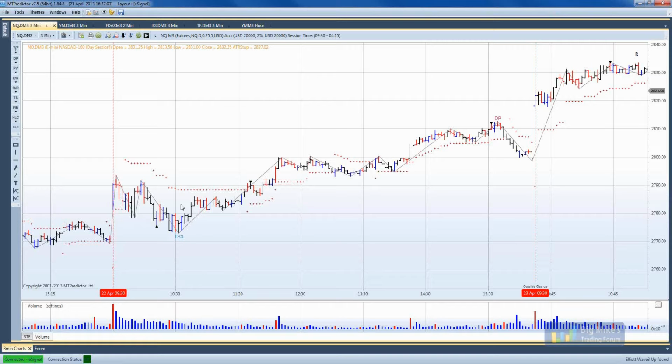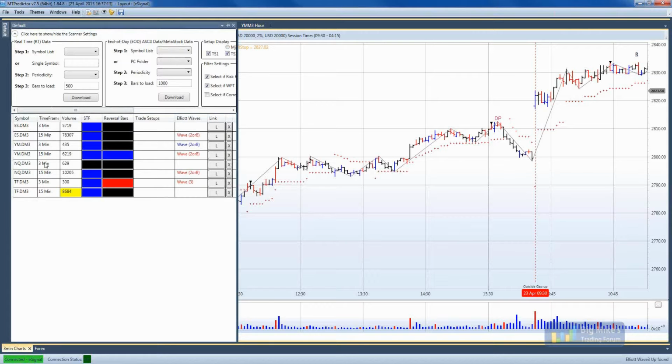And our automatic setups will come on the chart. With the scanner that we have running here, you can set up what markets and what time frames you wish. I'll show you a bit later in the webinar how we can populate these and how easy it is to set them up.